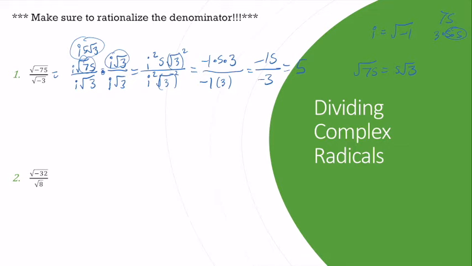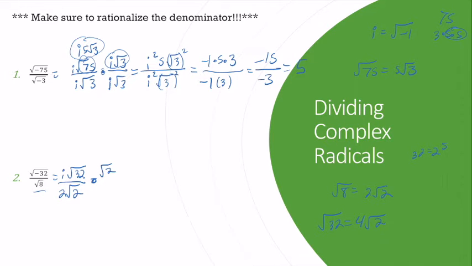Okay, if I have i square root of 32 over the square root of 8, remember the square root of 8 is 2 square root of 2 from when we were practicing simplifying radicals. So I'm going to multiply by square root of 2 on the top and the bottom, but I'm going to do that after I simplify the square root of 32. Remember the square root of 32, because 32 is 2 to the 5th, gives me 4 square root of 2.